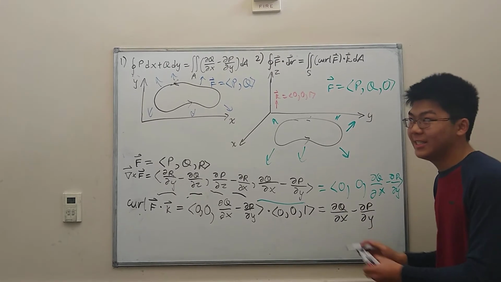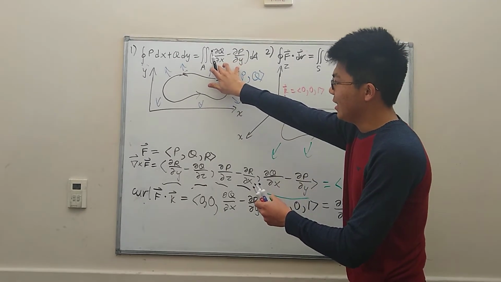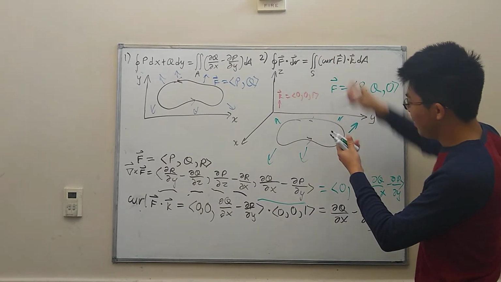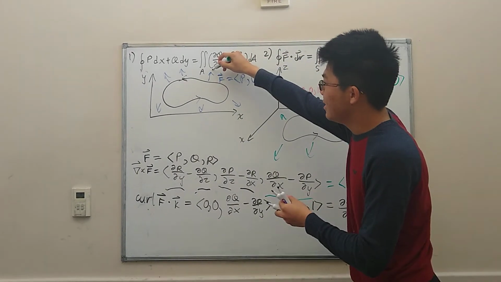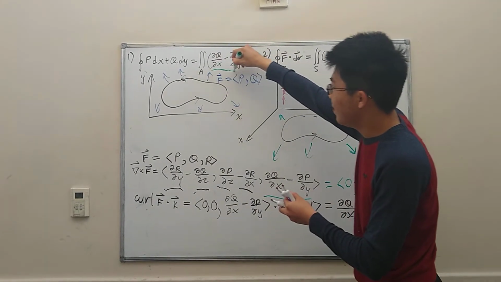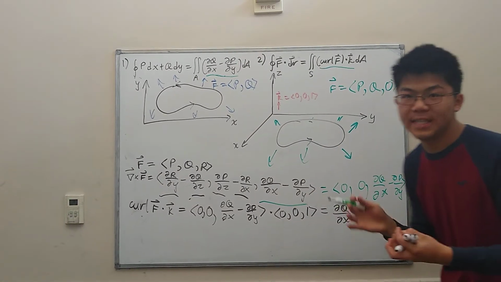And now we get the scalar value in here. So these two expressions, curl of F dot k and dQ/dx minus dP/dy, are the same thing.